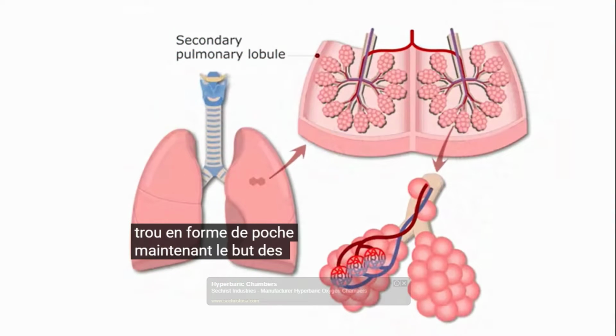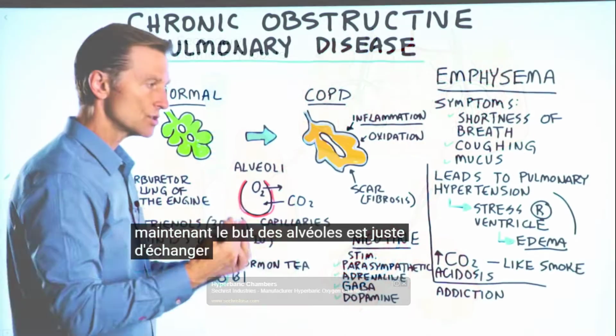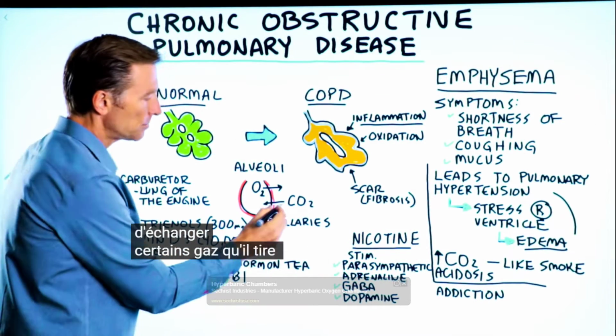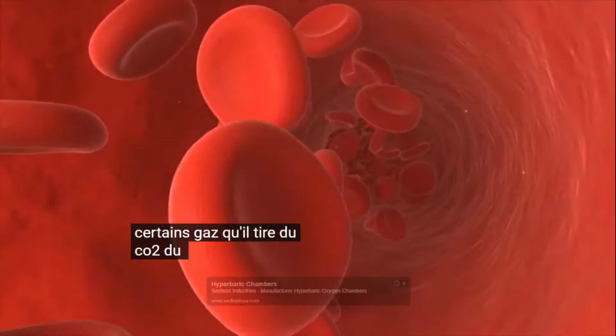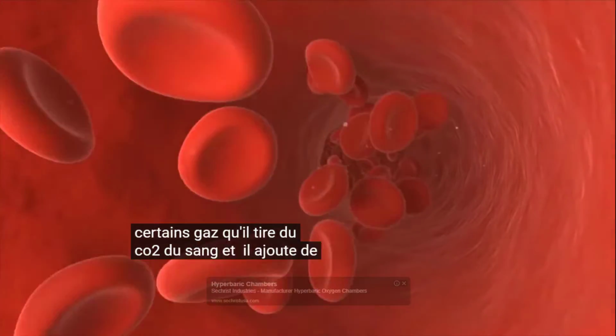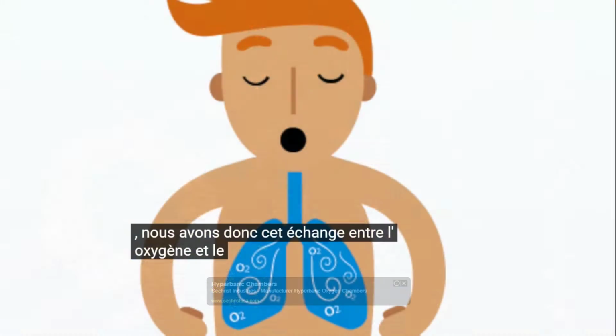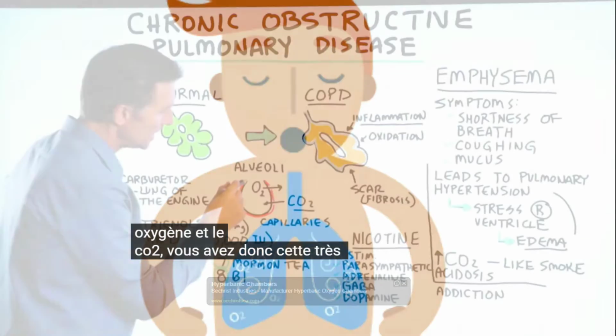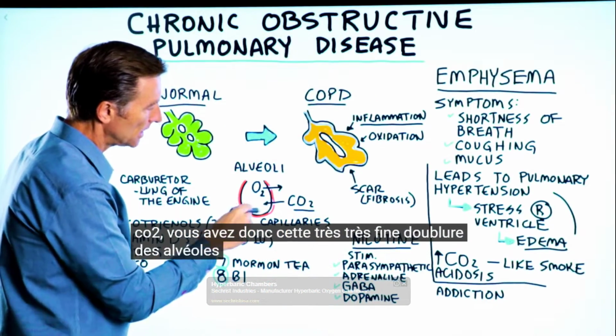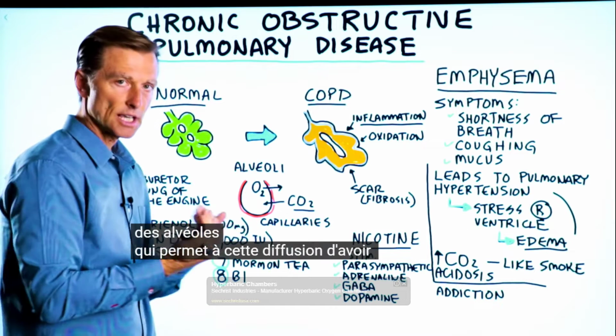Now the purpose of the alveoli is just to exchange certain gases. It's pulling in CO2 from the blood, and it's adding into the circulation oxygen. So we have this exchange between oxygen and CO2. So you have this very, very thin lining of the alveoli that allows this diffusion to take place.